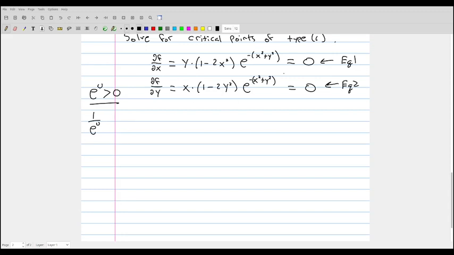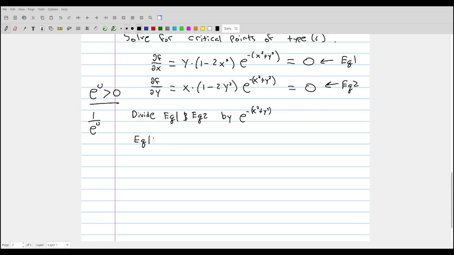And that's the first way we're going to rewrite this. If I divide equation 1, and we're also going to do this to equation 2, by e to the negative x squared plus y squared, this will give us two new equations.